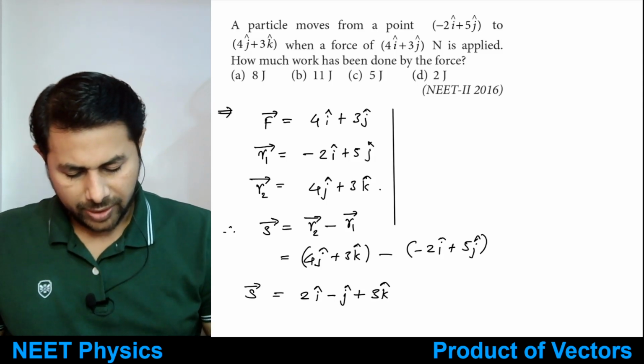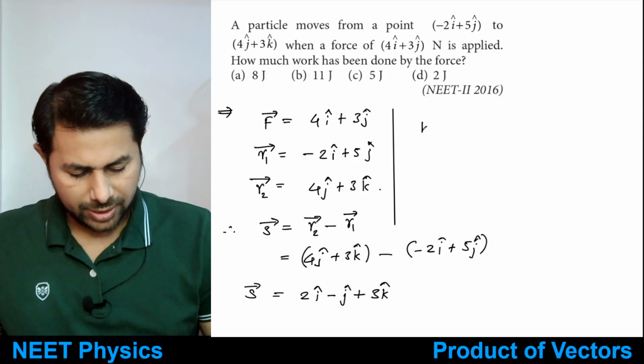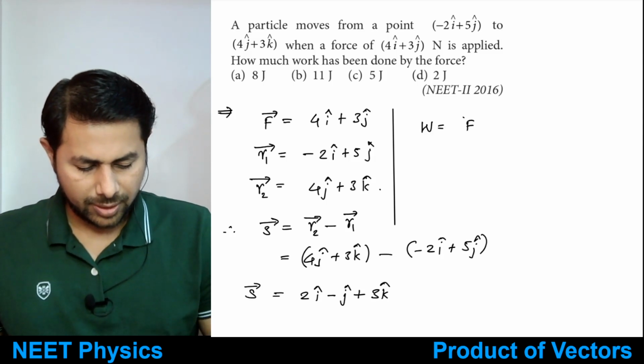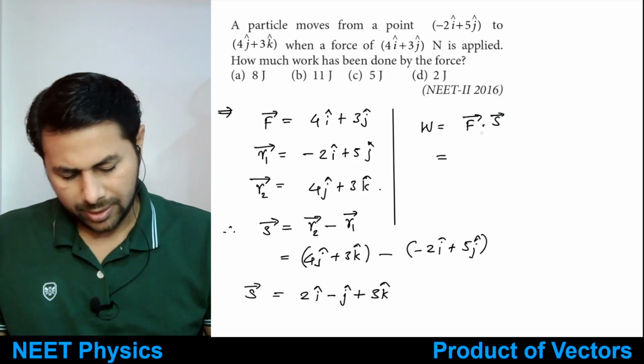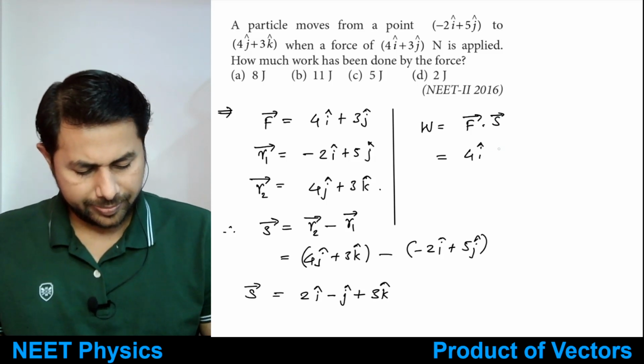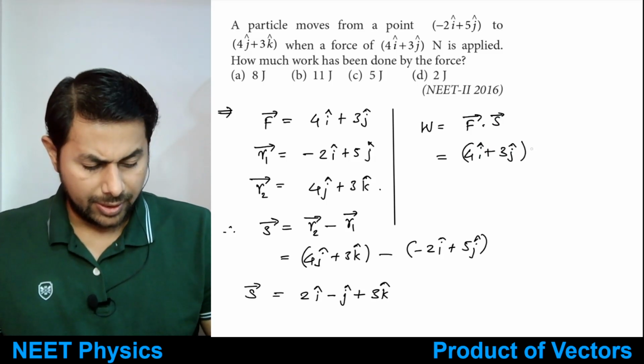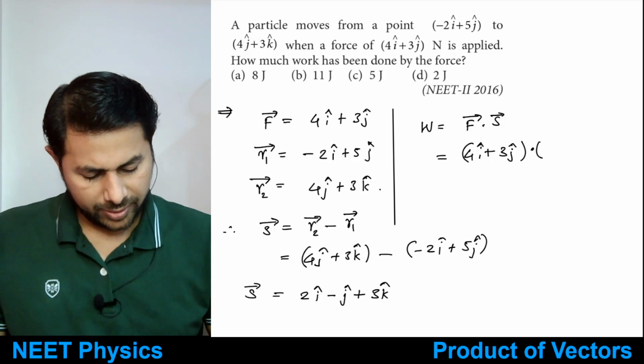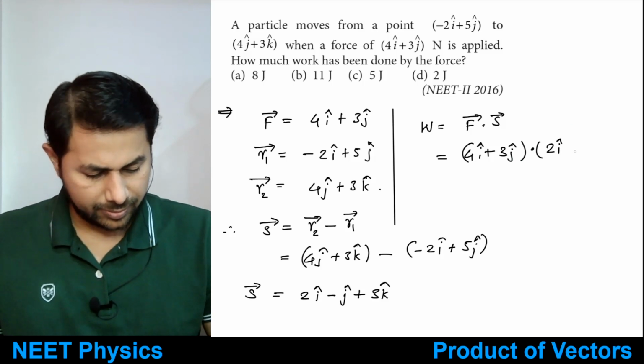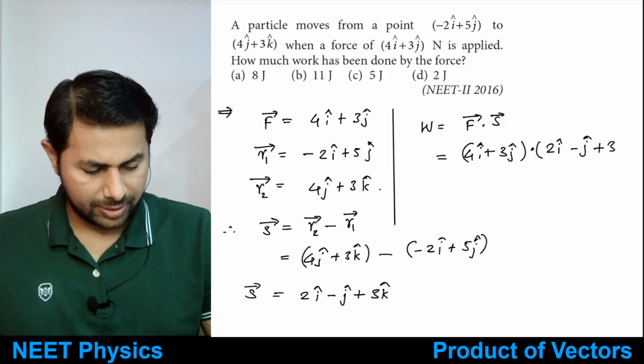And therefore, what is the work done? Work done is just equal to F bar dot S bar, that is 4 i cap plus 3 j cap, its dot product with 2 i cap minus j cap plus 3 k cap.